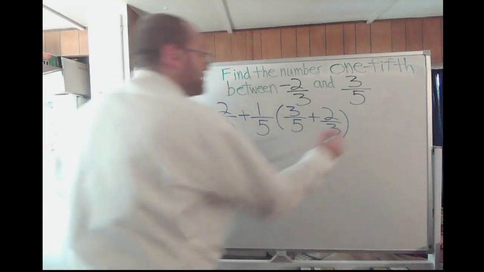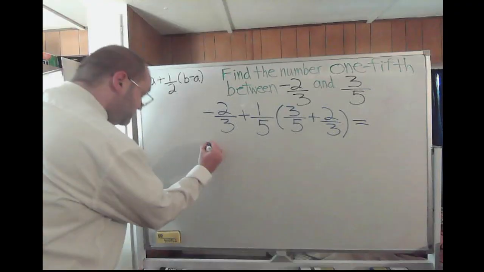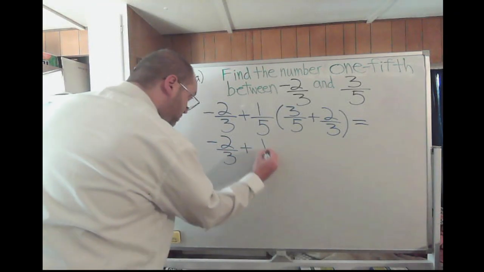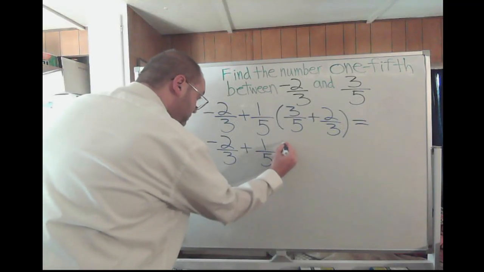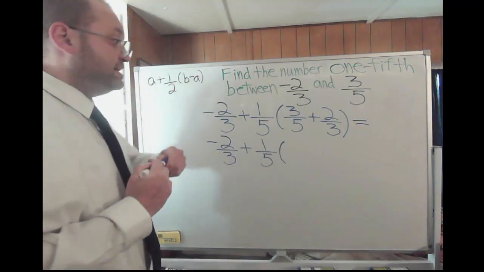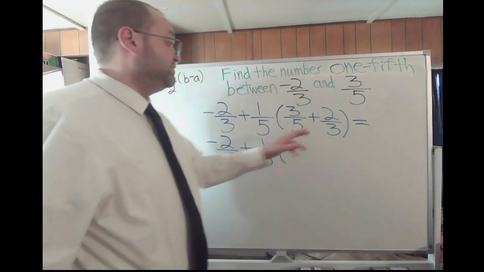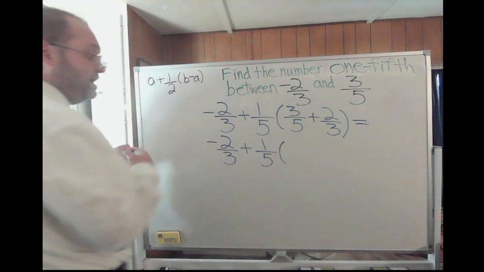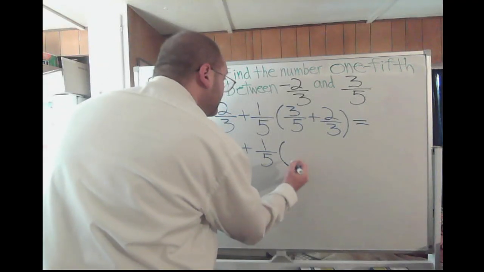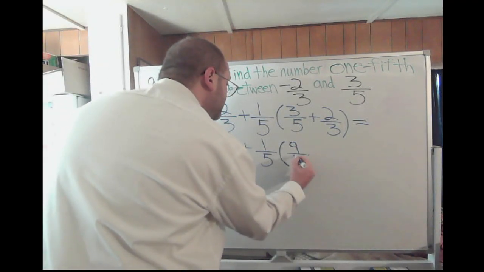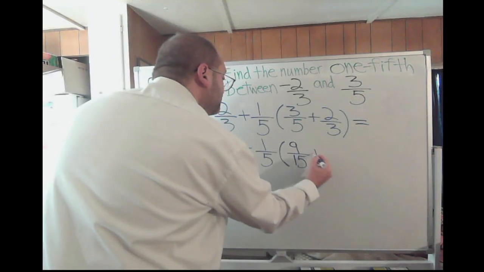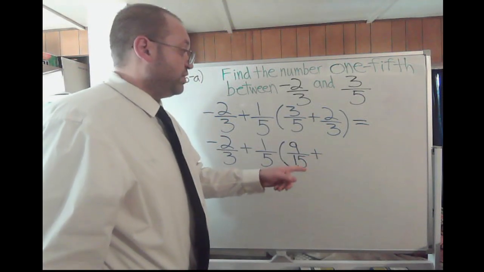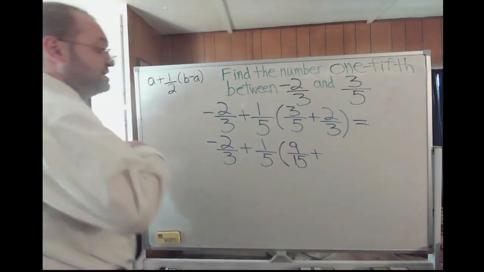Now let's go ahead and work inside of the parentheses here. So you'll still have -2/3 plus you'll have 1/5. Now, of course, we need to find the least common denominator of 5 and 3. That's 15. So the first fraction, we have to multiply both numerator and denominator by 3. If we did that, you would get 9/15. Plus, then we have to take the second fraction and multiply both numerator and denominator by 5 to get that denominator of 15.